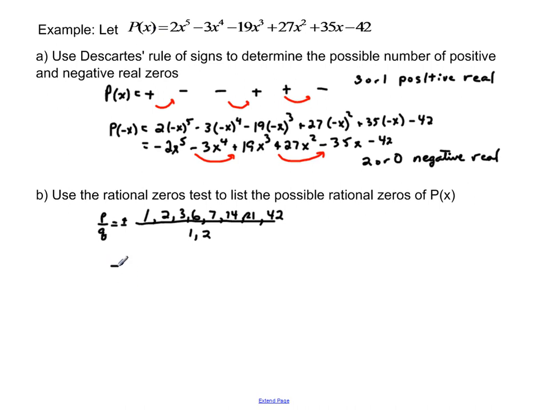So our list of possible rational zeros are going to be plus or minus 1, or plus or minus 1/2. It'll include plus or minus 2. We don't need 2/2 because that's 1 again. Plus or minus 3. Plus or minus 3/2. Plus or minus 6, but we don't need 6/2. Plus or minus 7, or plus or minus 7/2.